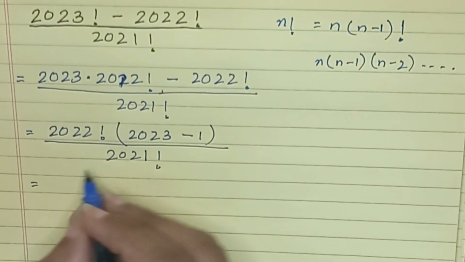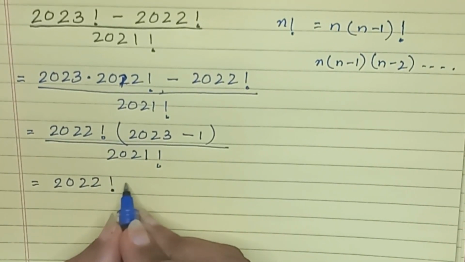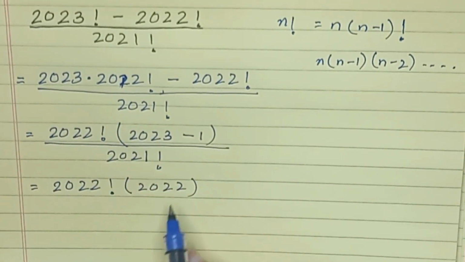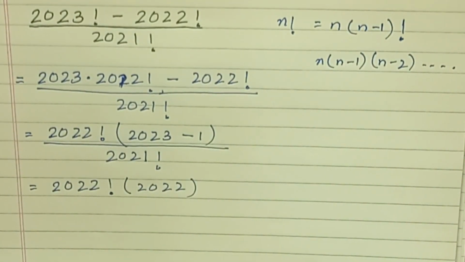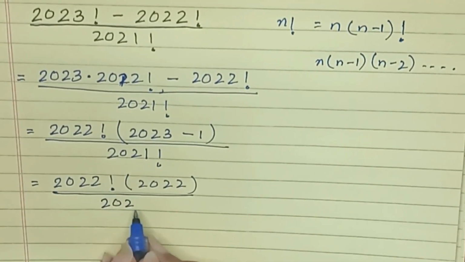So it will become 2022 factorial into 2022, because 2023 minus 1 is 2022, divided by 2021 factorial.